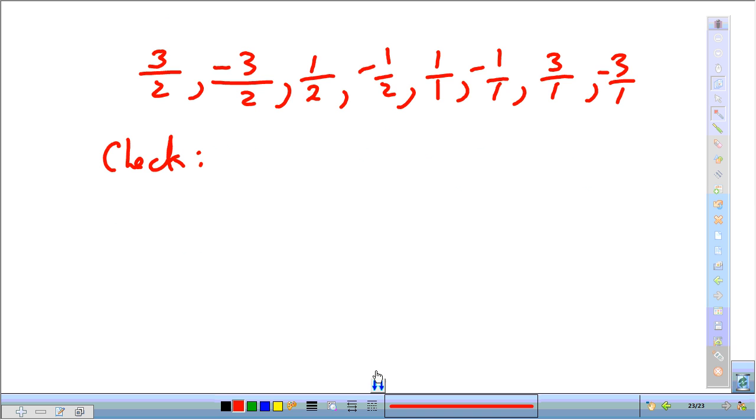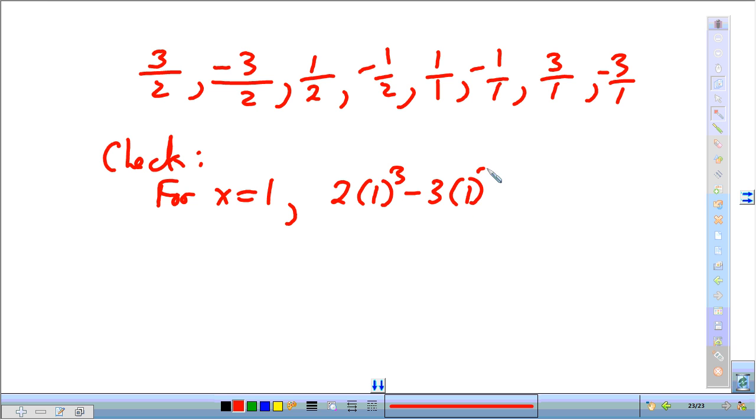So we could begin, for example, by taking x equal 1 as a root and check. So 2x cubed substituted with a 1, minus 3x squared, minus 8 times x, plus 3.